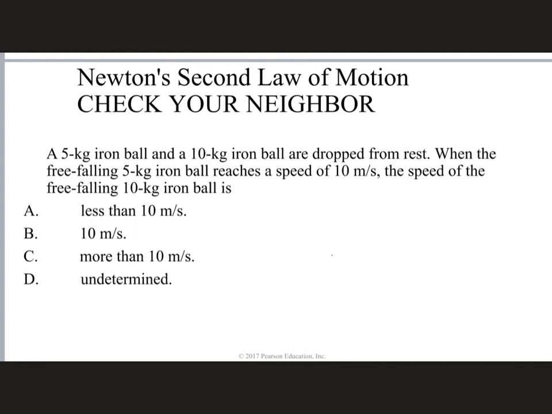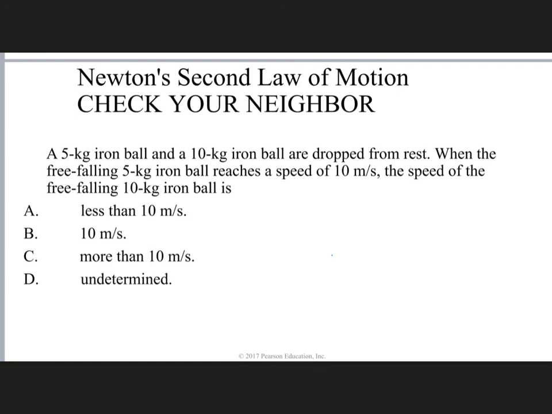Now let's ask a different question. We have our same 5 kilogram ball and our same 10 kilogram ball, and they're both dropped from rest. When the free-falling 5 kilogram ball reaches a speed of 10 meters per second, what will the free-falling 10 kilogram ball's speed be? Less than 10, 10, more than 10, or impossible to know, undetermined.